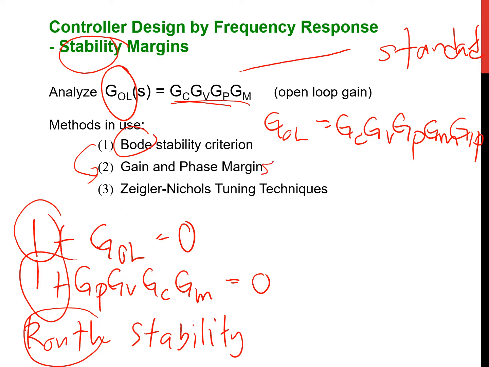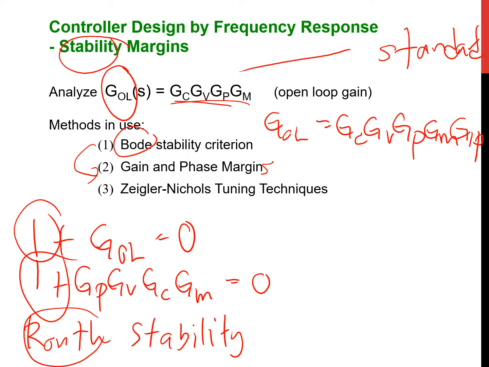This means we will find the margins and compare with the standard one, the guideline given. Let's say you get the margin violating the guideline, then it becomes unstable. What if your process becomes unstable? That means you need to retune your controller. That means your controller is not good enough.